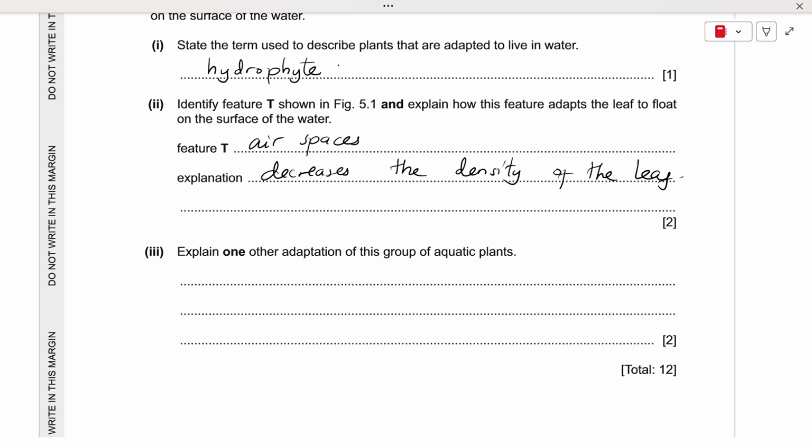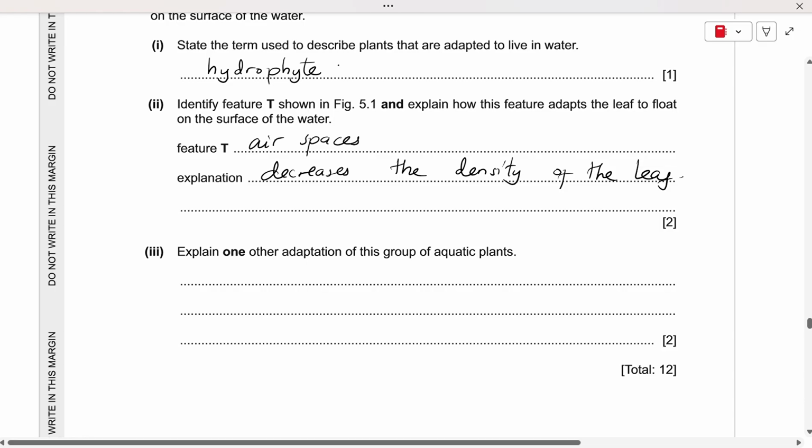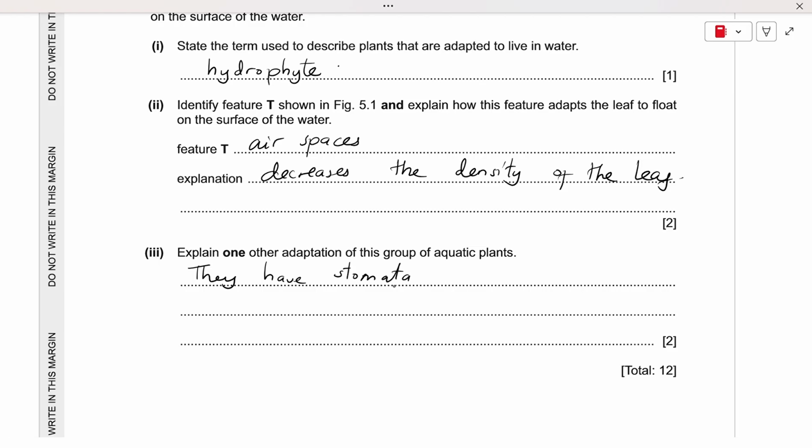Because they do not need to prevent rate of transpiration. Okay, but apart from that, they also have stomata on the upper surface of the leaf. Why? To allow gas exchange. So we'll say here they have stomata on upper surface.